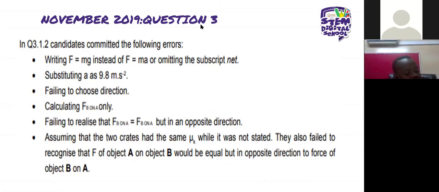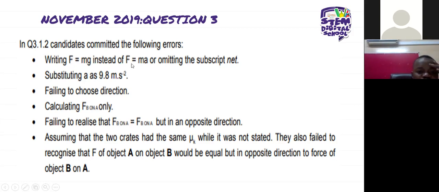Now, what are some of the common mistakes that you make as learners? In that question, some of the learners will be writing F is equal to mg or F is equal to ma.